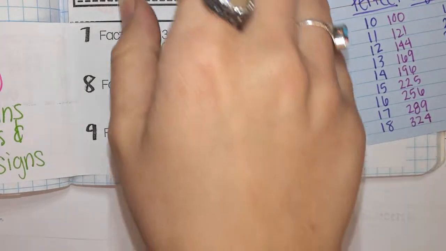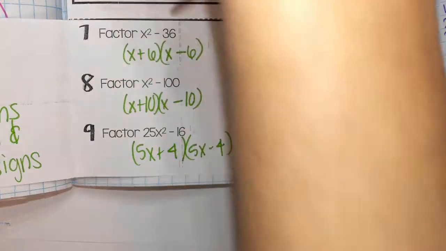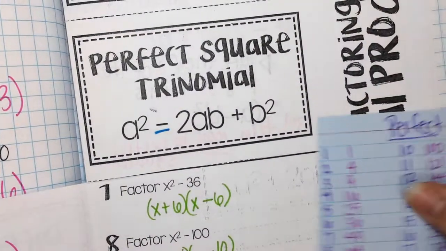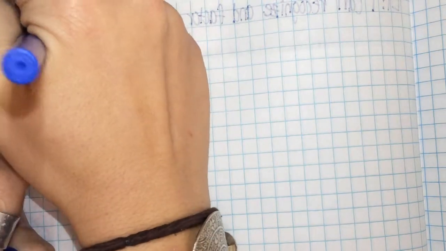Why are you making that face? I'm pretty sure we always... Alright, 30B. Ugh. I need more room. I need an actual table.